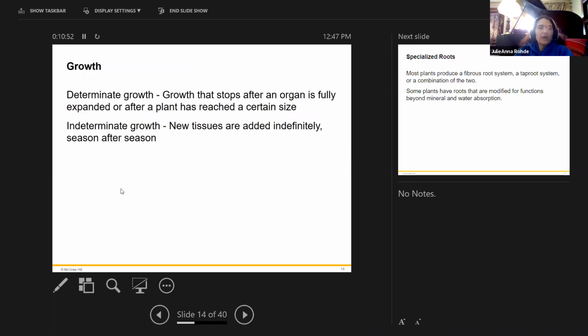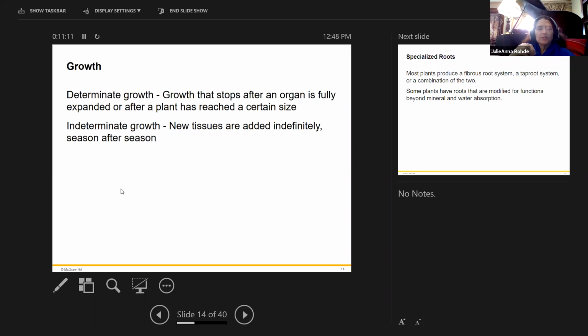Okay, so we have two types of growth. We have determinate growth and indeterminate growth. Determinate growth is going to stop after an organ is fully expanded or after a plant has reached a certain size. And so that has to do with kind of like aging of the plant.